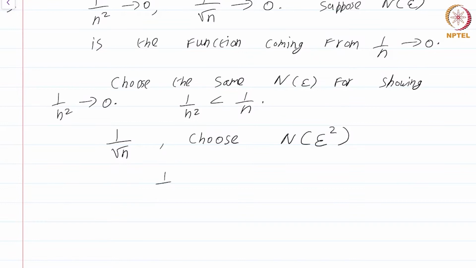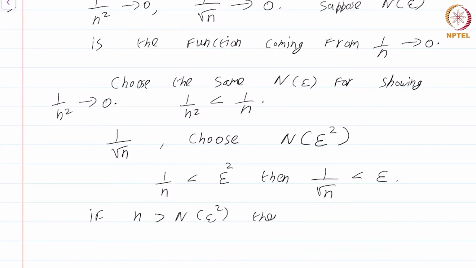If small n is greater than N of epsilon squared, then 1 by n is less than epsilon squared, and therefore 1 by square root of n is less than epsilon, right? So this quickly dispenses off 1 by square root of n also.